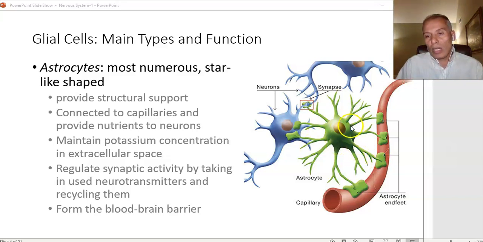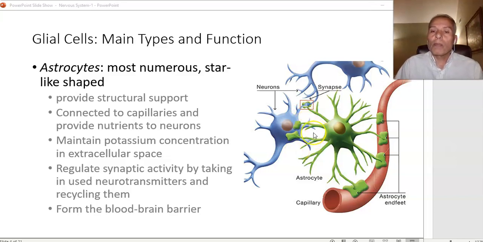The astrocyte also has other functions. In addition to forming the blood-brain barrier and giving the neurons their nutrition, they maintain the potassium concentration levels in the extracellular space outside of neurons.